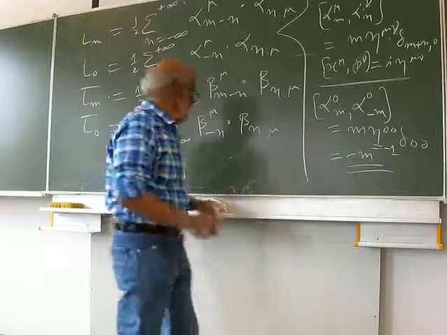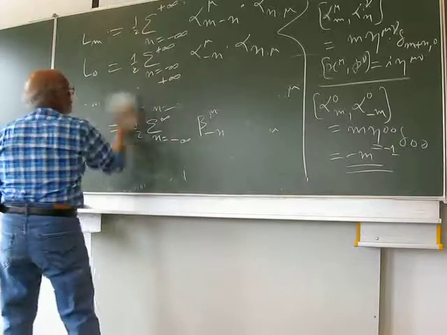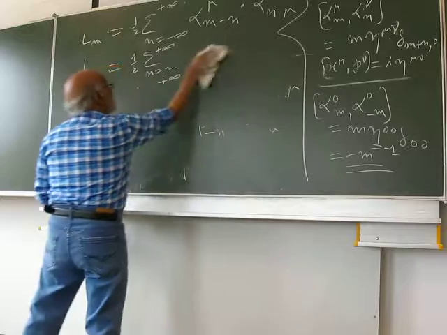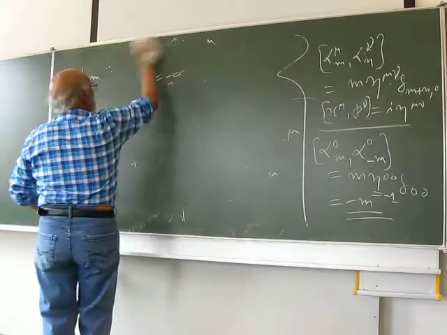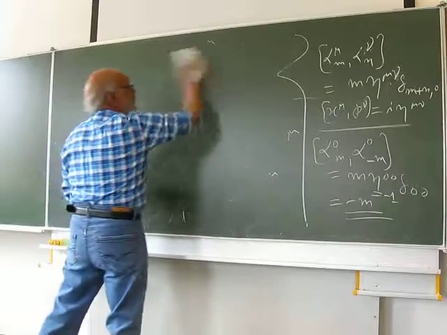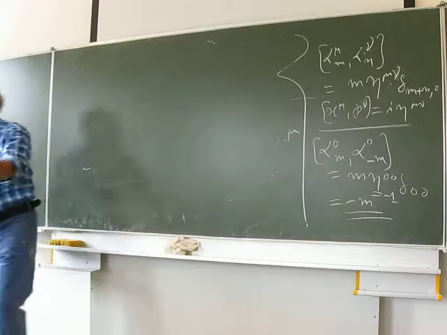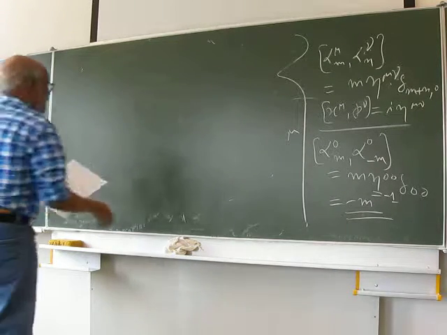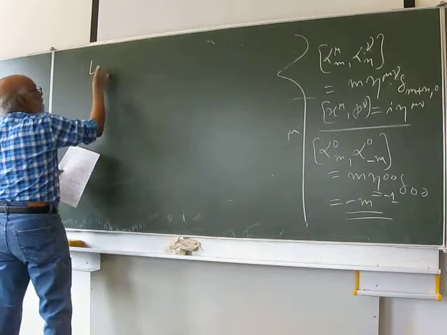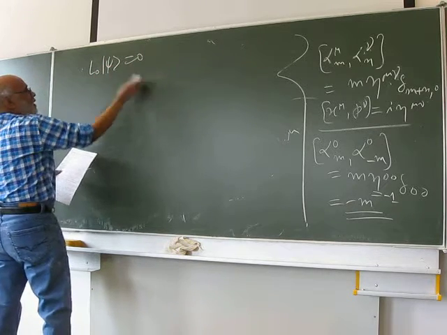And for the elimination of these negative norm states, what you do is you demand a Gupta-Bleuler quantization kind of condition that you have in field theory. A similar condition here: in the first place you ask L0 to annihilate physical states.